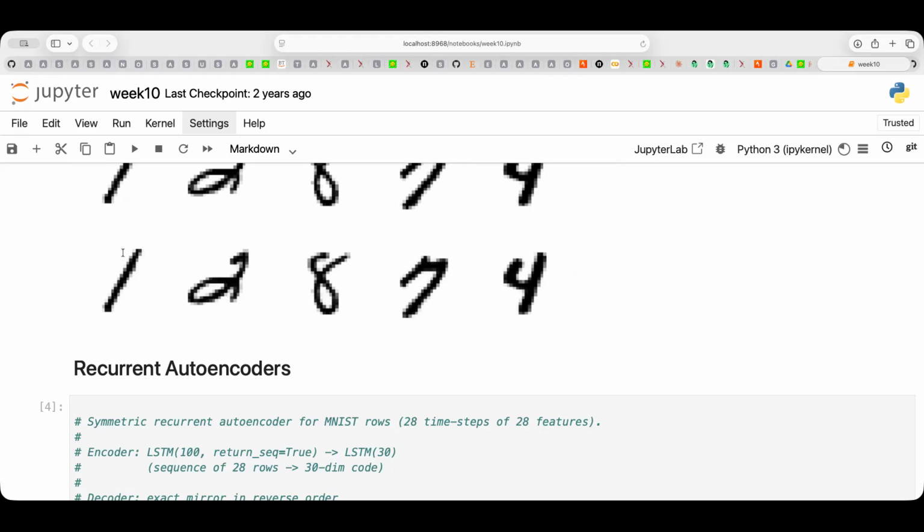Yeah, so I haven't done that in the code here, but you could do that if you want to play around with it. You could just ask it to generate some numbers for you. If you look at autoencoders and compare them with generative methods, the generative methods like diffusion models tend to do better.